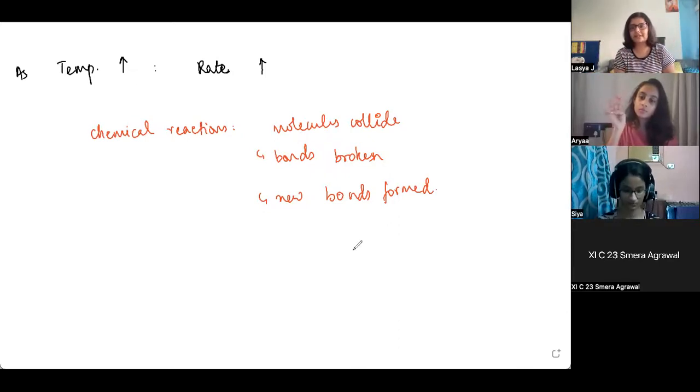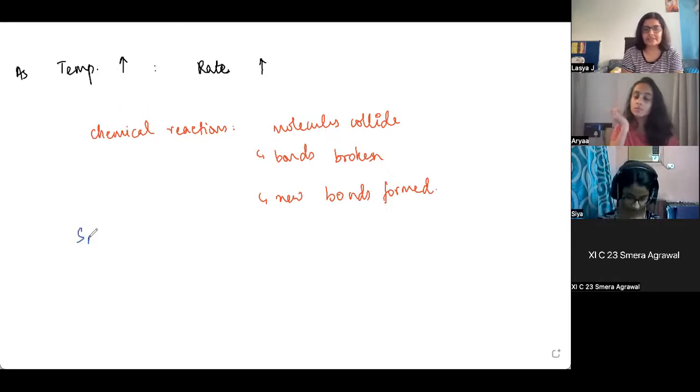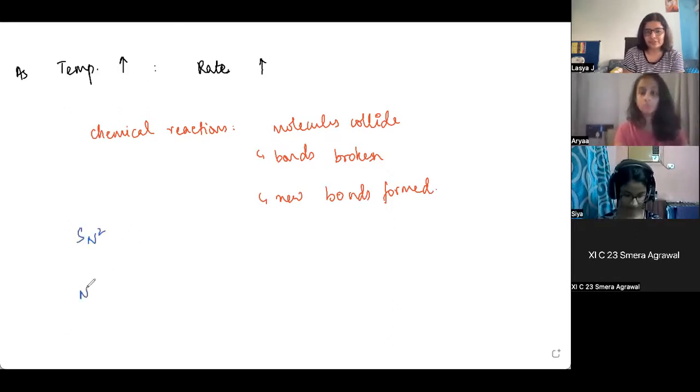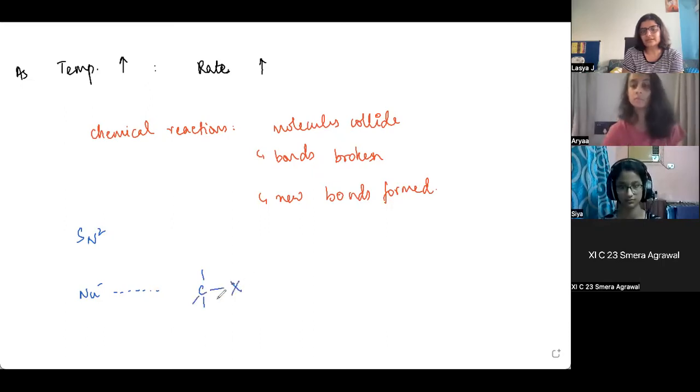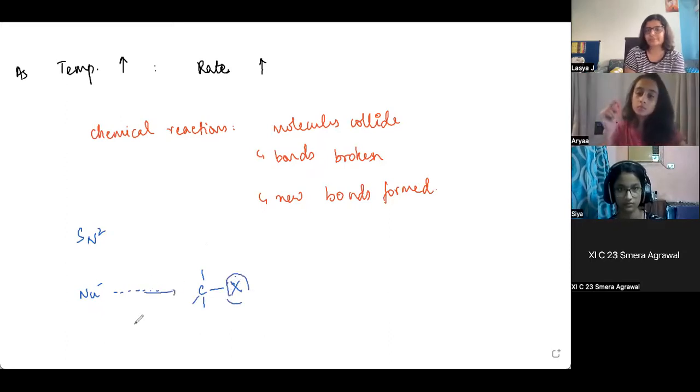The best example I can think of, which you're familiar with, is the SN2 reaction. So in SN2, you have the nucleophile colliding against the haloalkane in a very specific way, from behind the leaving group. If the leaving group's bond is here, it needs to collide from this side.